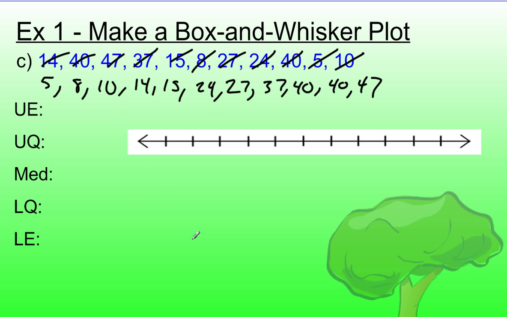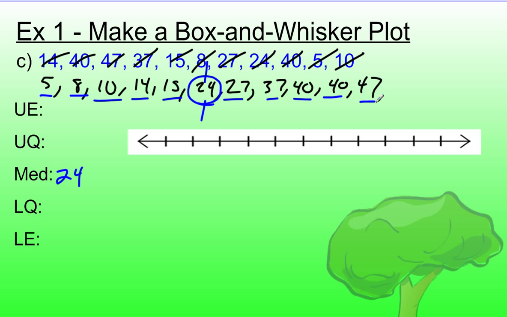The middle, let's check here. Big, small, big, small, big, small, big, small, big, small. 1 number in the middle. Now, that's the halfway point. It's cutting the rest of the numbers in half. So now let's find the upper quartile, the upper half.